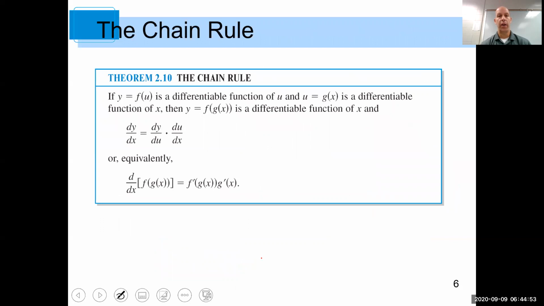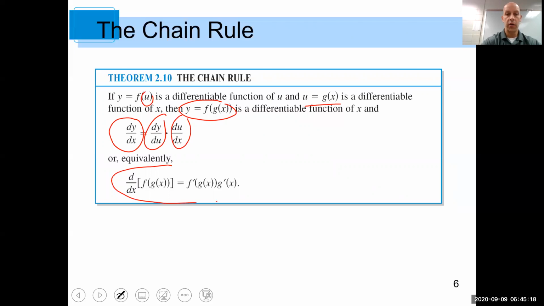So here is the chain rule. The chain rule says that if y is equal to f of u, which is a composition of functions, written like this, the u would be the inner function, u is g of x, then the derivative of the function with respect to x, in other words dy/dx, would be equal to dy/du times du/dx.